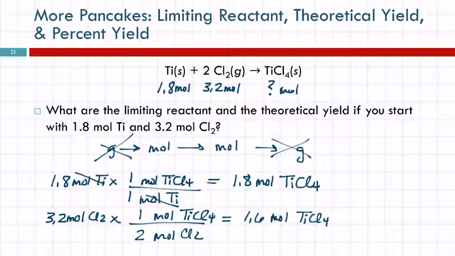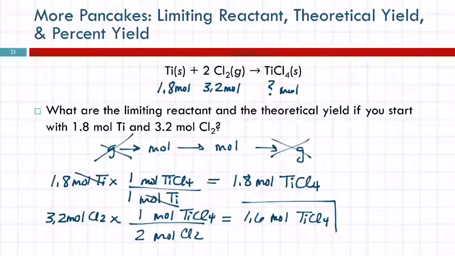We have 2 answers. We can't stop here because we have to choose one. Choose the smaller one, just like with the pancakes. As I'm going along making TiCl4, when I get to 1.6 moles, it stops because I'm going to run out of chlorine. You can't make TiCl4 without any Cl.